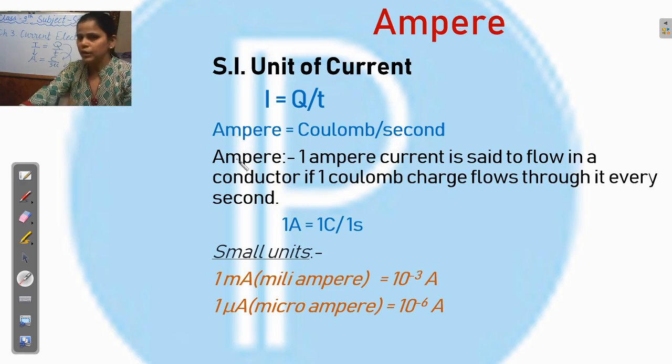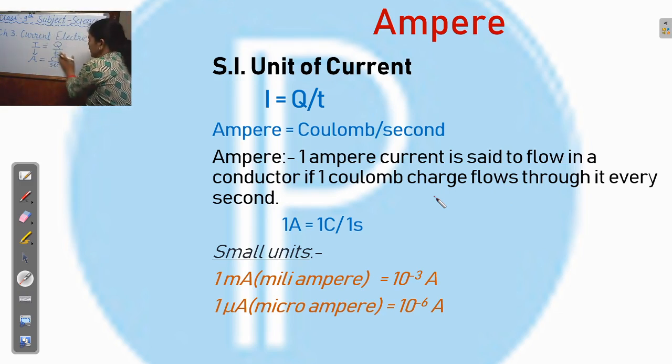Then the question is, what is 1 ampere? 1 ampere current is said to flow in a conductor if 1 coulomb of charge flows through it every second.